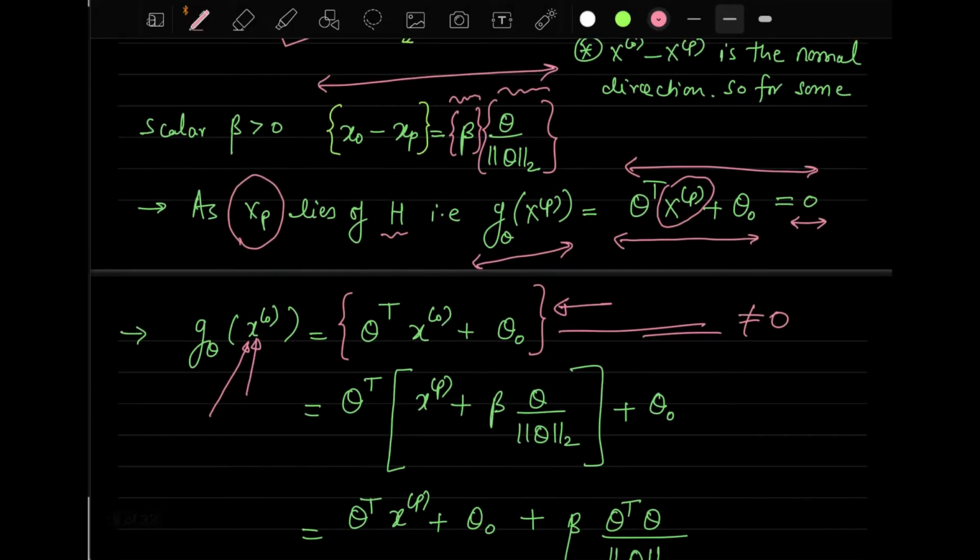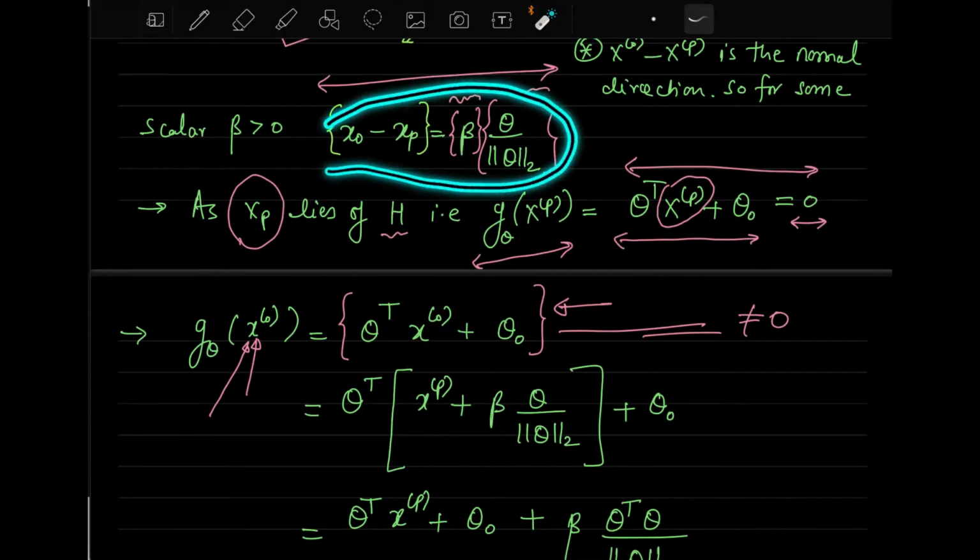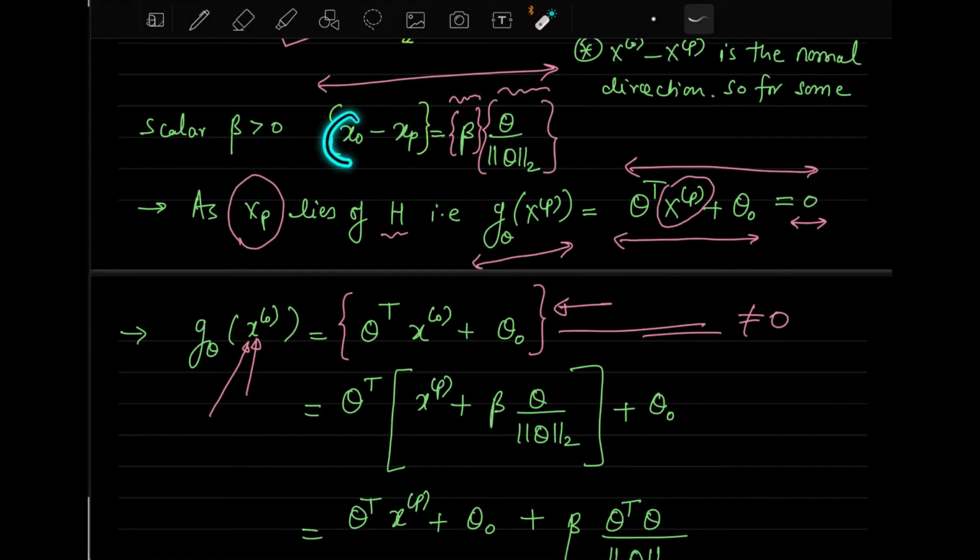So now we will substitute the value of x0 which is given over here using this equation. You can take x0 out from here and substitute its value on this side. So what you will get is this, just the manipulation.